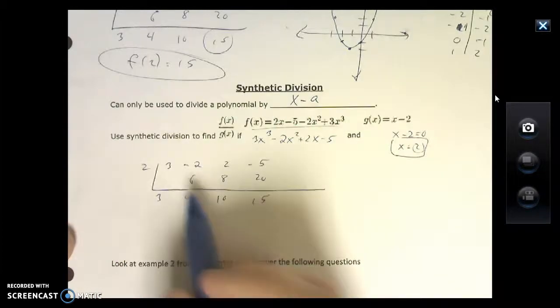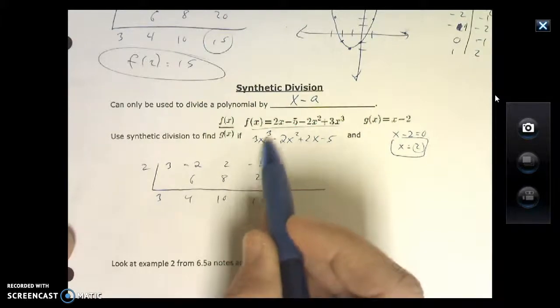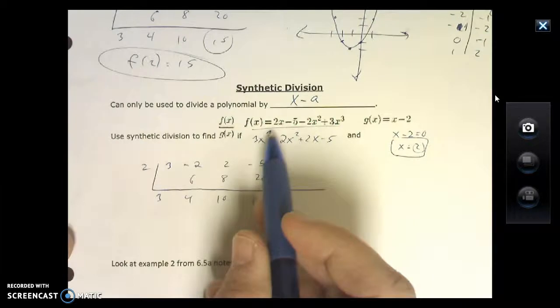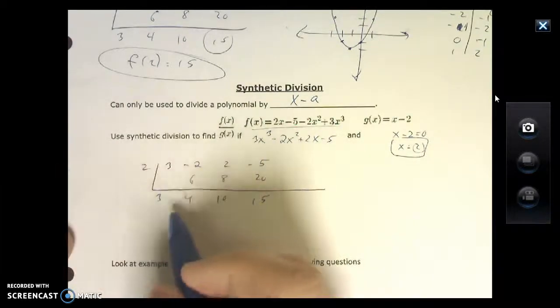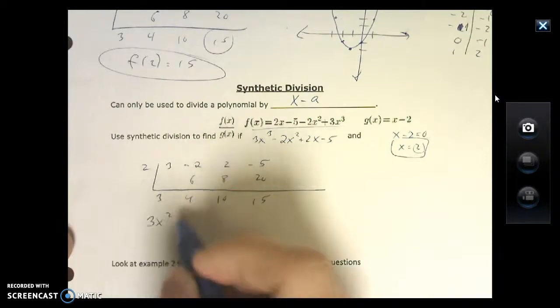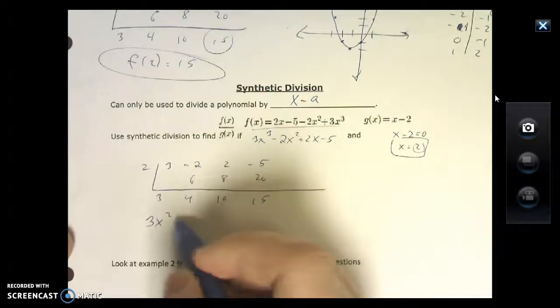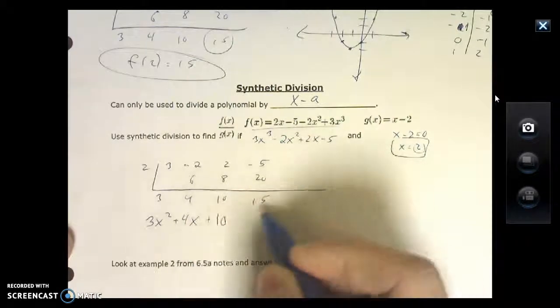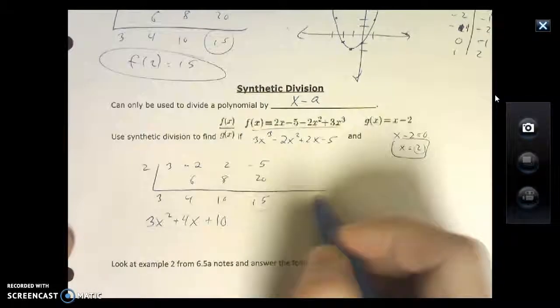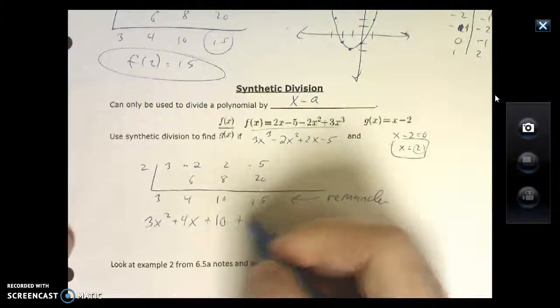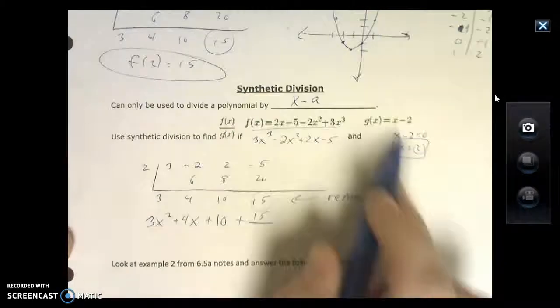So the first number here becomes your one exponent less, which is x squared. So our answer is 3x squared plus 4x plus 10. And this last number is always your remainder. So plus 15 divided by x minus 2.